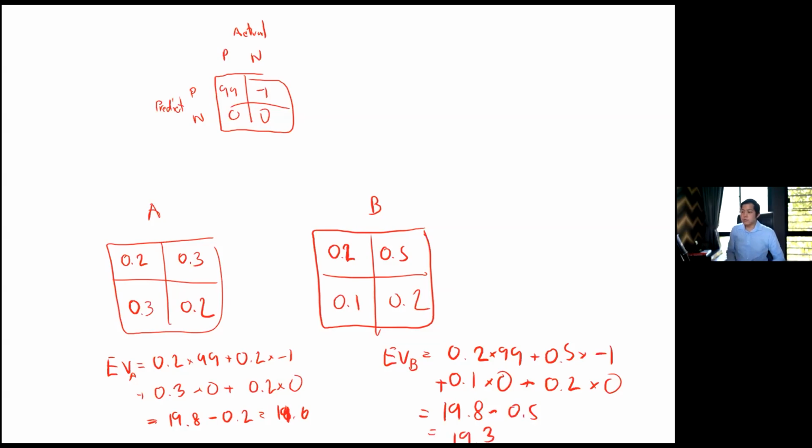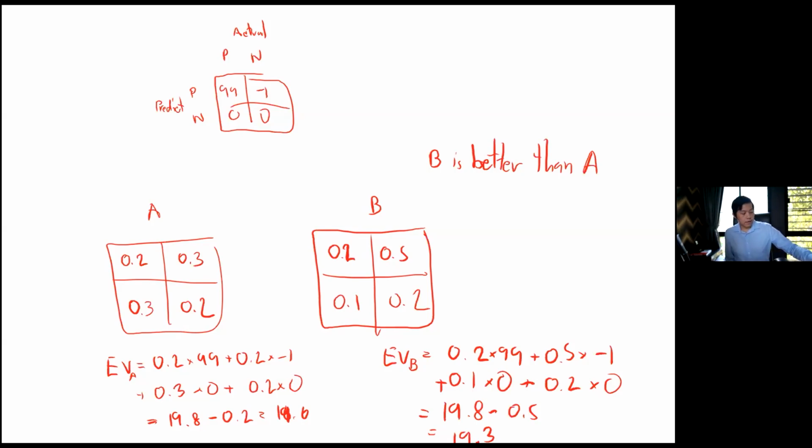So from this result you can see that model B is better than model A, right? B is better than A, okay, in terms of the expected value.